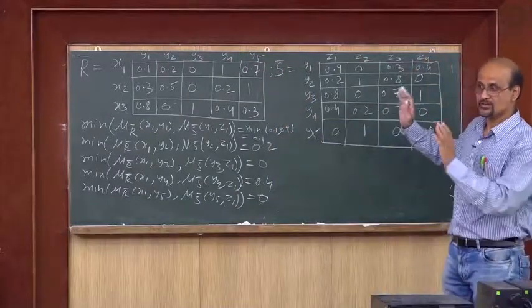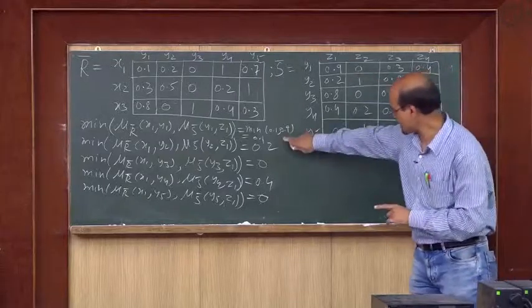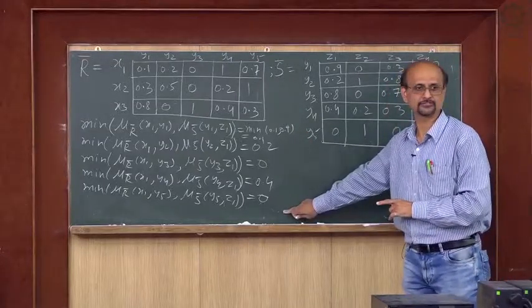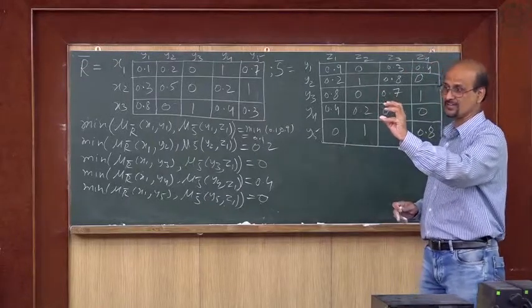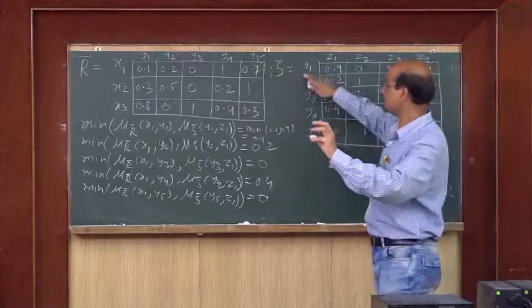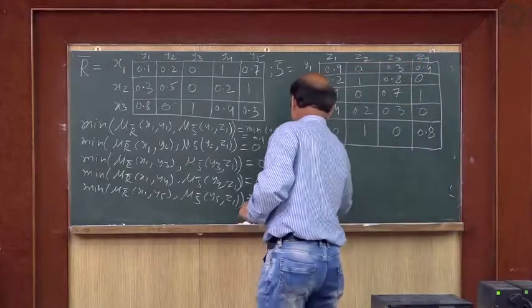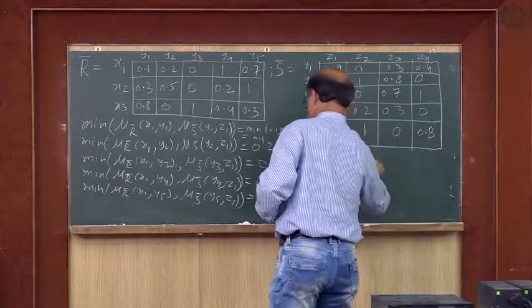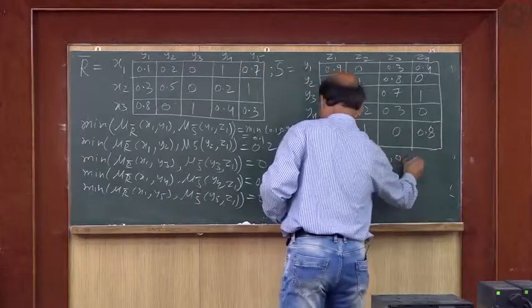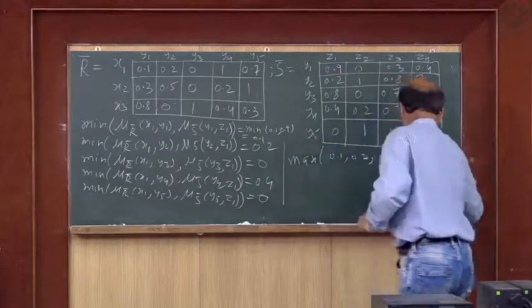Okay. Now you have done one portion, meaning the minimum you have found. Now I have to take the maximum of this. Then you will get the first entry of that R dot S. So now I have to take the maximum of 0.1, 0.2, 0, 0.4 and 0, and this is 0.4.